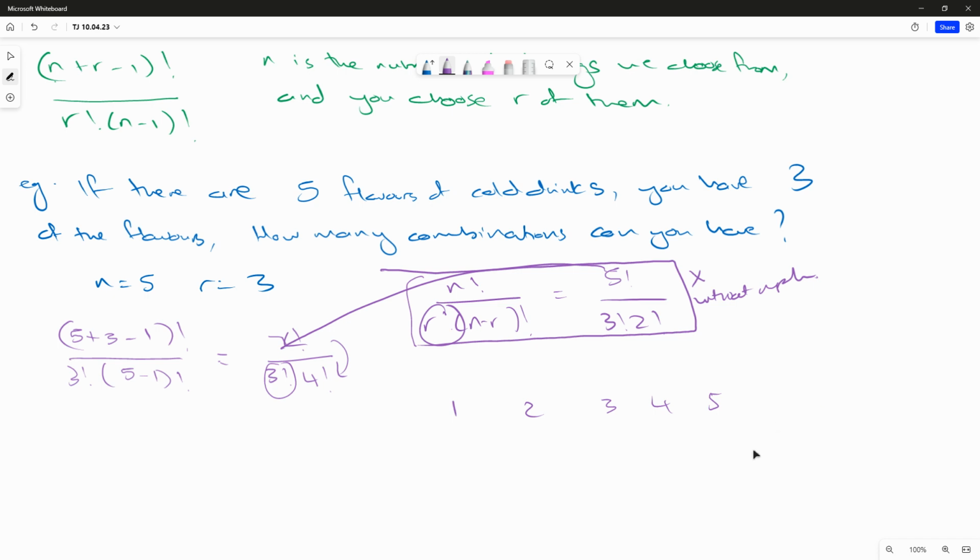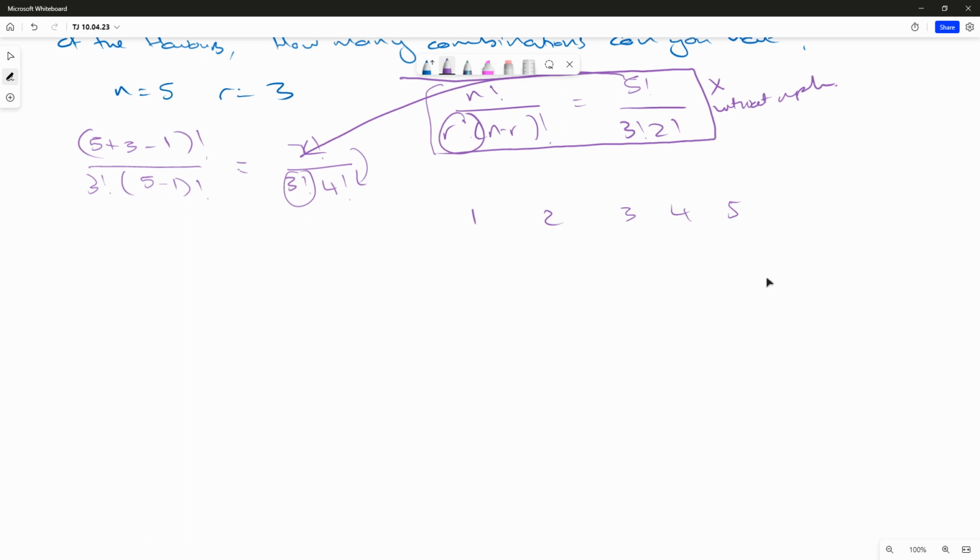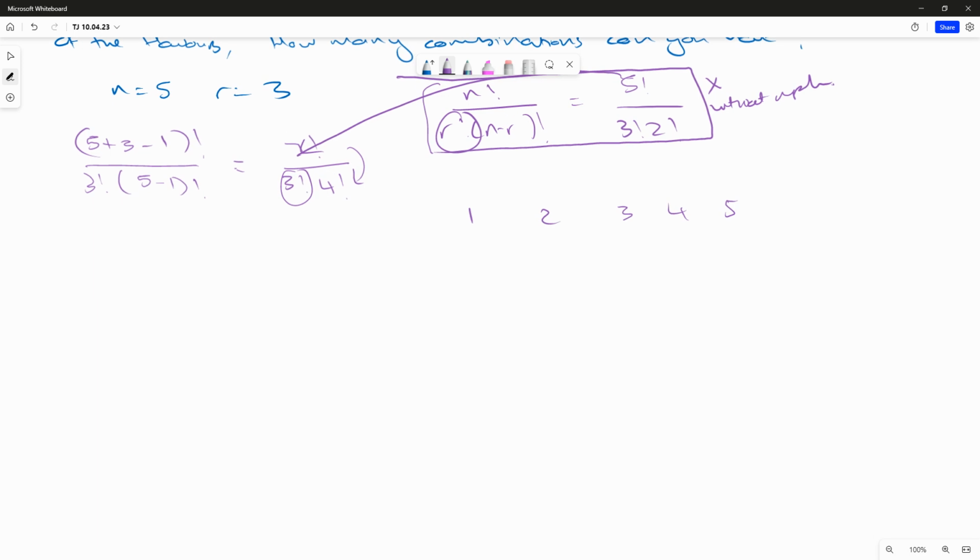What if I break down the formula? I'm going to break down this formula into its parts, right? So you're going to have 7 times 6 times 5 times 4 times 3 times 2 times 1. And then we're dividing it by 4 times 3 times 2 times 1, because that's 4 factorial, and then 3 times 2 times 1.